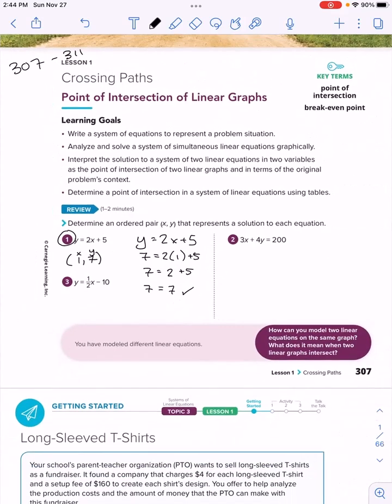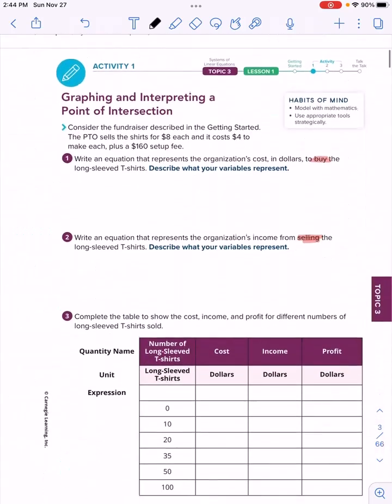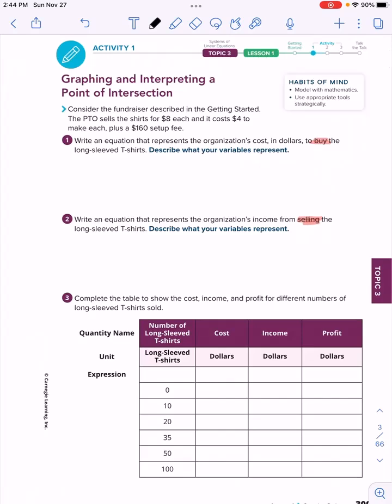All right. We're going to skip 308, getting started. We're going to go right into Activity 1, and this video will be focusing only on Activity 1. The context we'll be looking at, if we're familiar from other lessons that we've done, is working with buying and selling shirts. It says the PTO, the parent teacher organization, is trying to raise funds, and they sell shirts for $8 each.